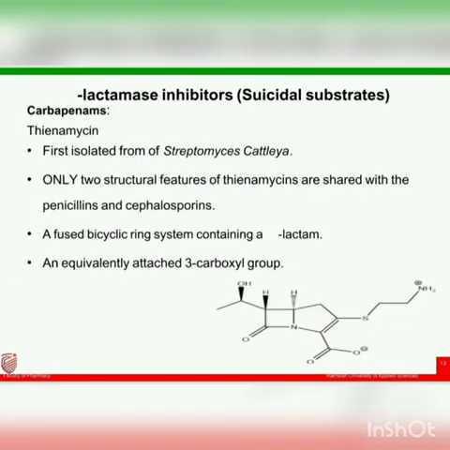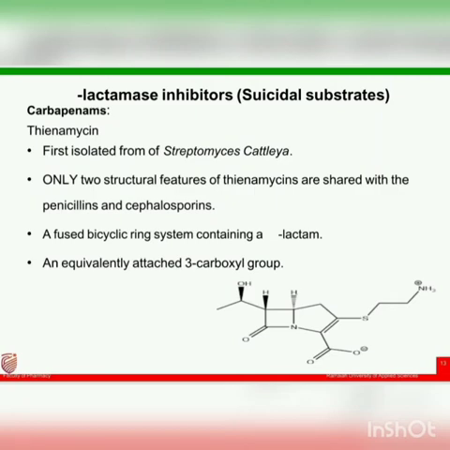Now, in carbapenems, we will see thienamycin. Thienamycin was first isolated from Streptomyces cattleya. Only two structural features of thienamycin are shared with penicillin and cephalosporin.